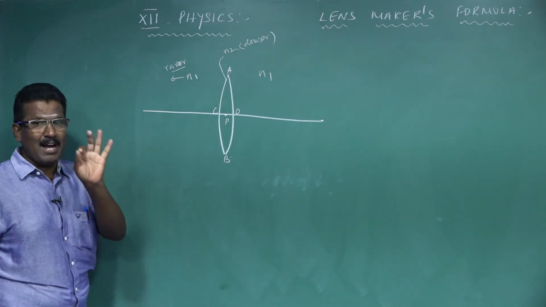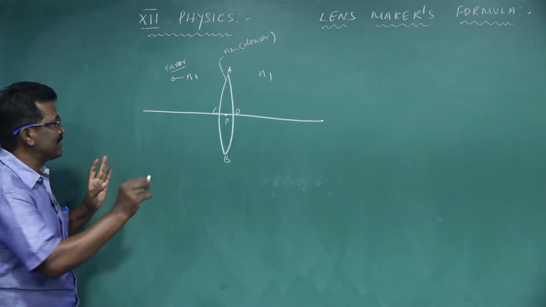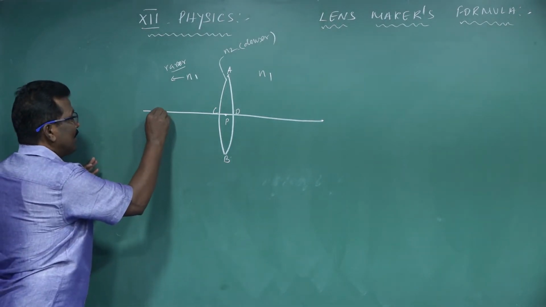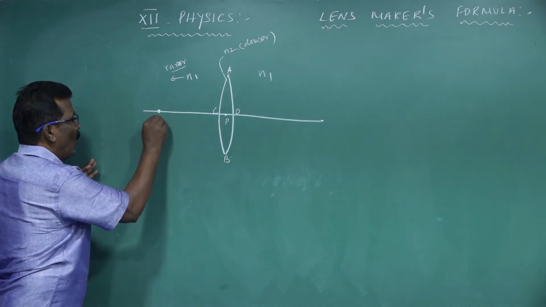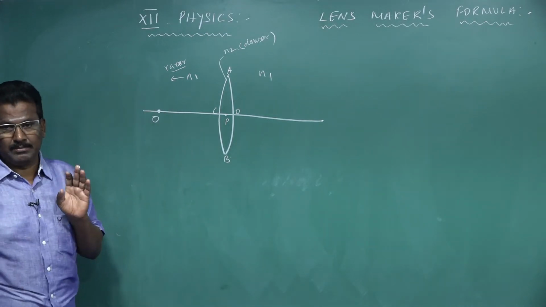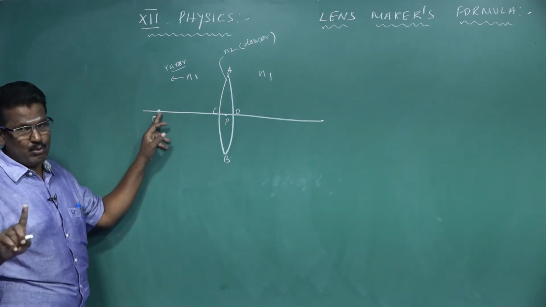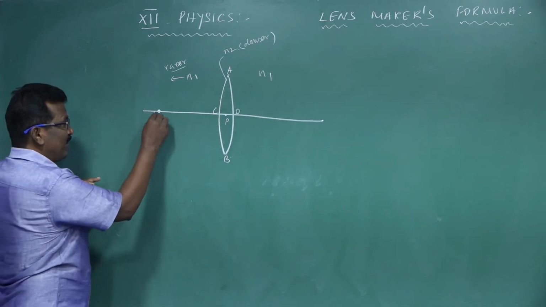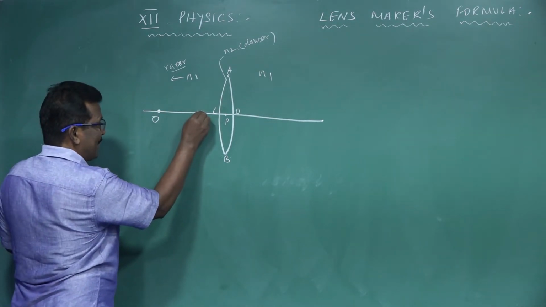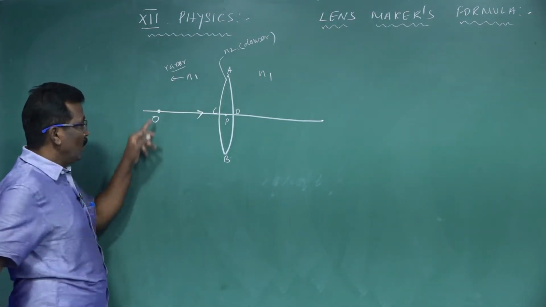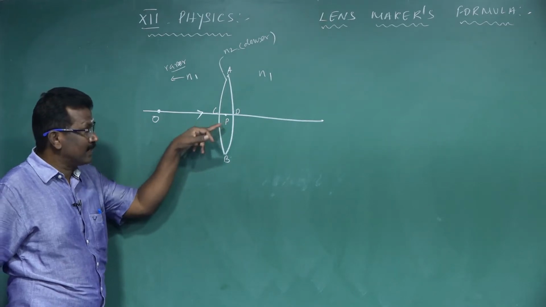Let us consider an object. A point object is placed on the principal axis at O. Suppose it is the source. One of the rays from the source passes along the principal axis.